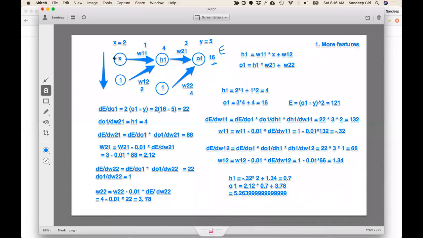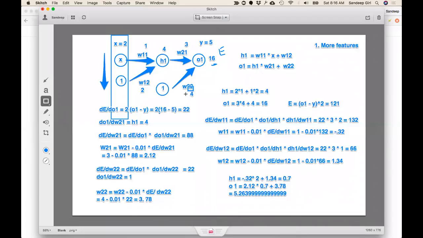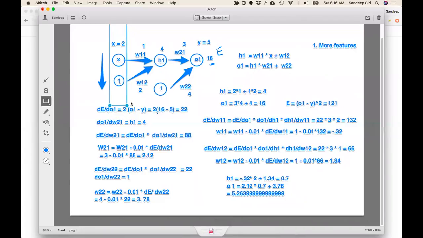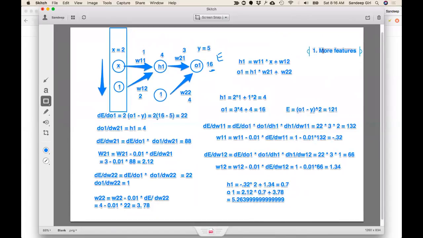So these circles here are going to be, say, 784 circles in the case of MNIST data, right? And there are going to be many such images, many instances, right?